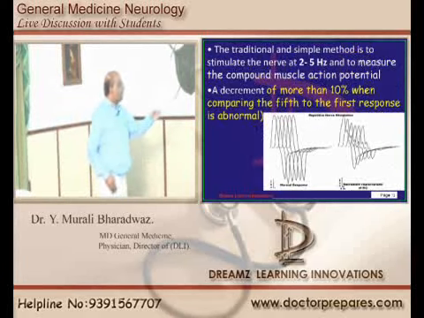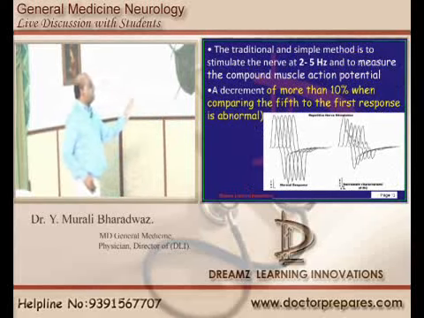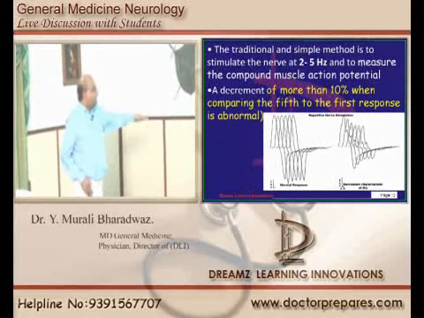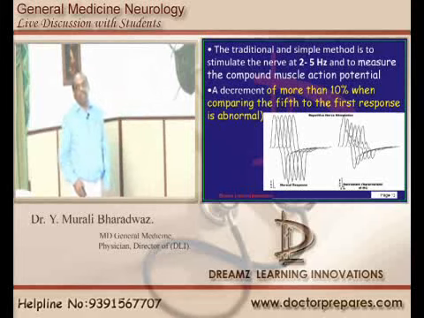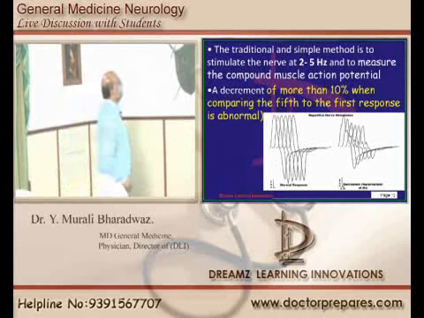So you will be applying 2 to 5 hertz frequency and measuring the muscle action potential, and a decrement of more than 10% in the amplitude between the first wave and the fifth wave is diagnostic of a decremental conduction, which is seen in myasthenia gravis. That is what needs to be remembered.